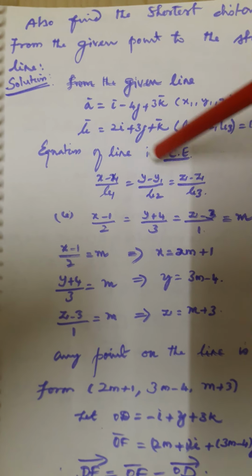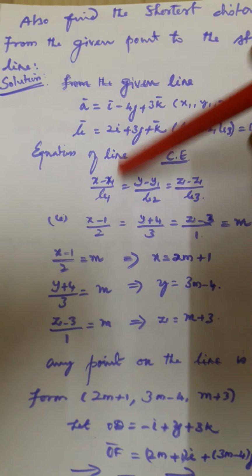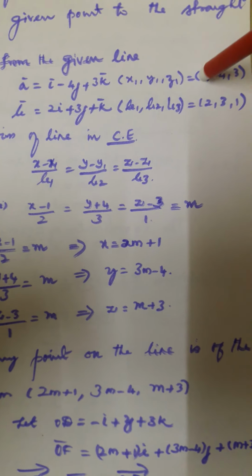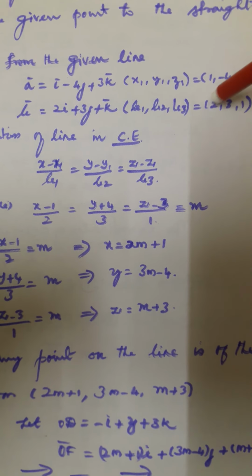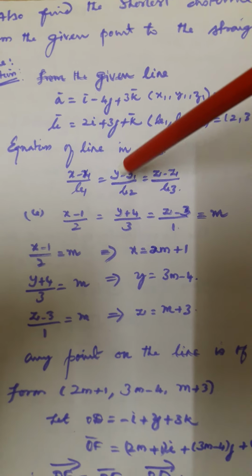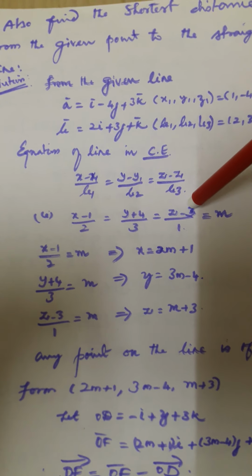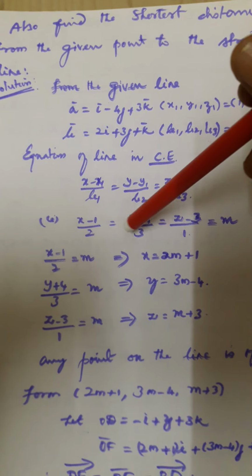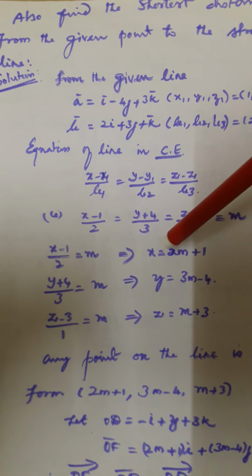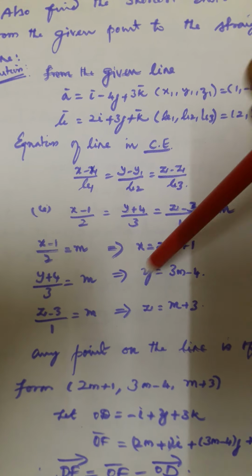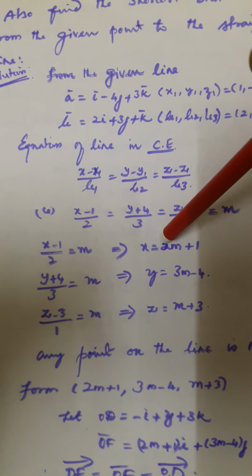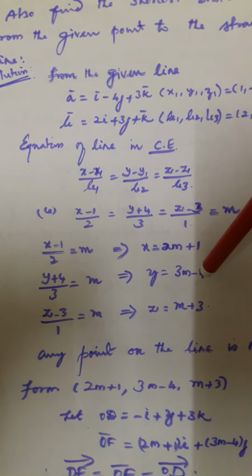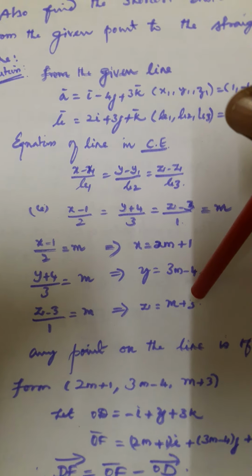And the equation of the line in Cartesian form is (x minus 1) by 2. This is our x1, y1, z1, and b1, b2, b3, one point and one vector format. This is our Cartesian form that can be assumed as m. Therefore any point on the line can be taken as x equal to 2m plus 1, y equal to 3m minus 4, z equal to m plus 3.